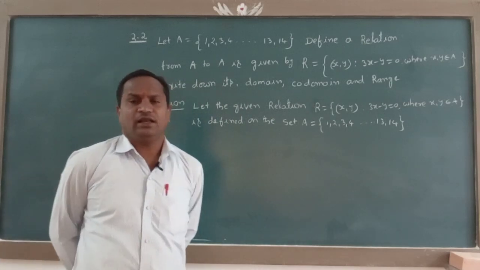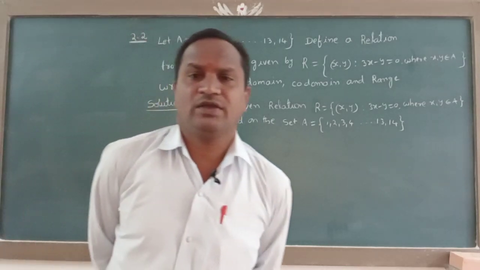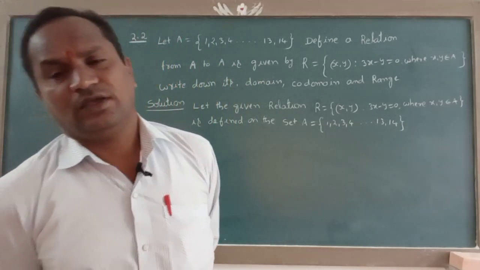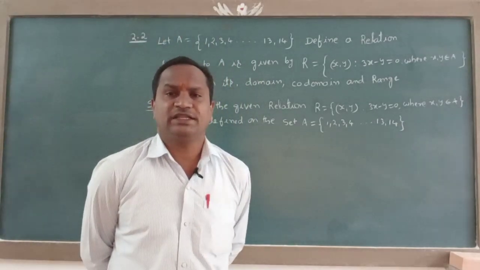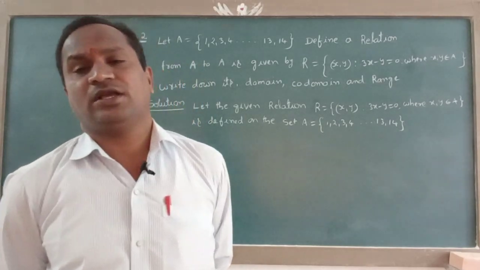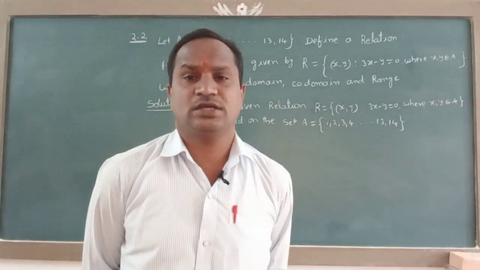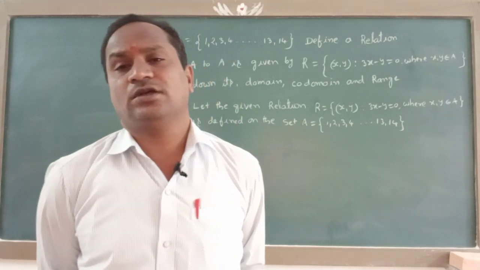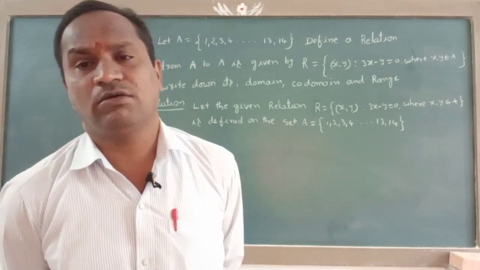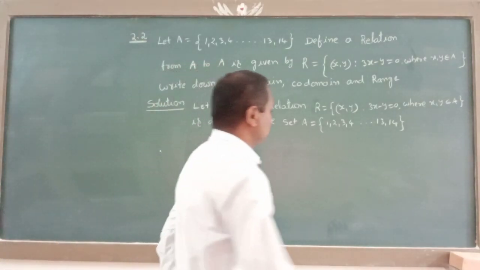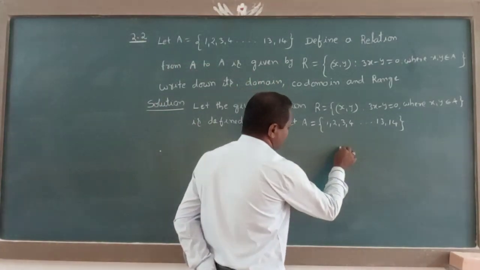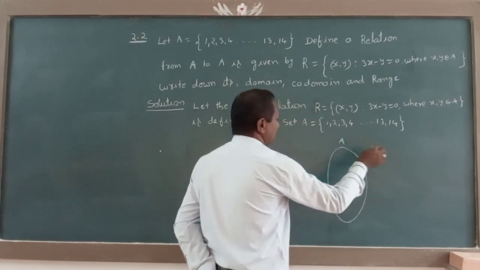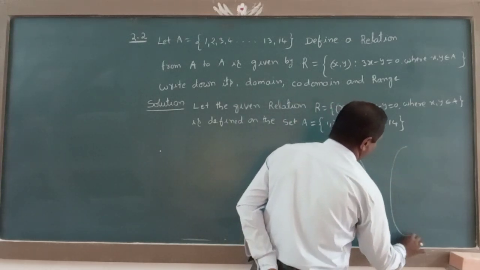See, by diagrammatic representation we can get answers very easily, because if you move through the diagrammatic representation, then the solution becomes very easy to us, and it is a little bit easier way to analyze the solution of this problem also. How, I'll show now. Take A on one side here, and A here on the other side.